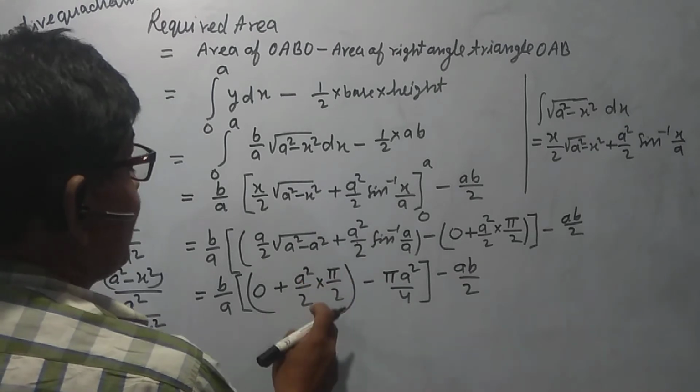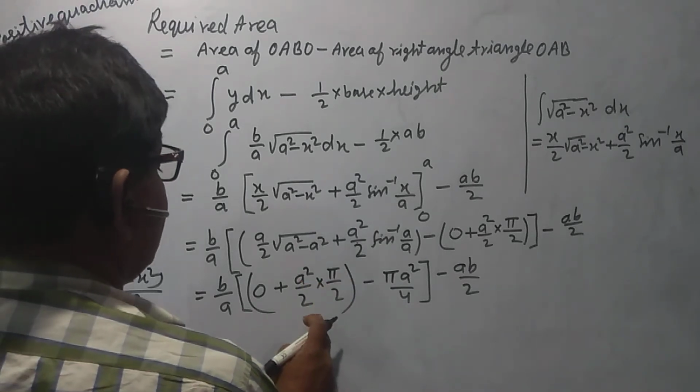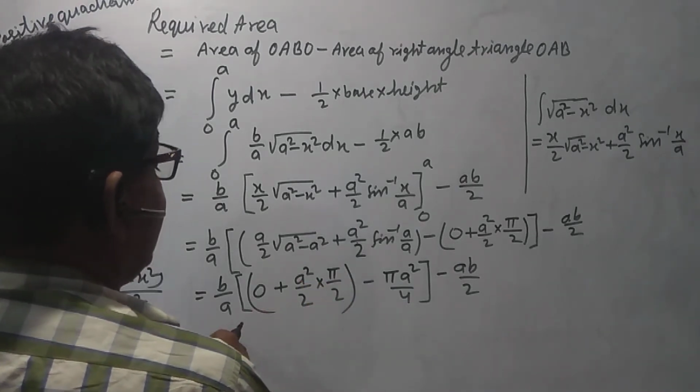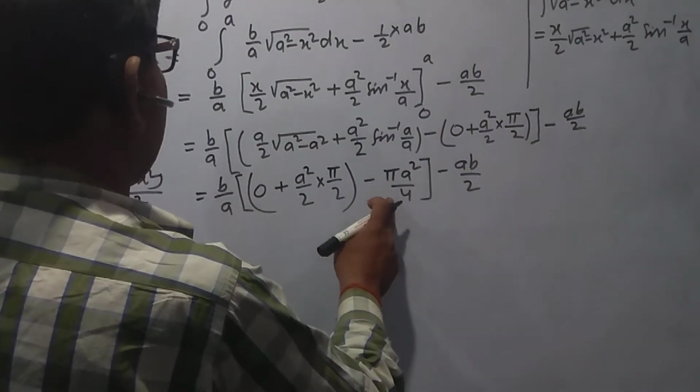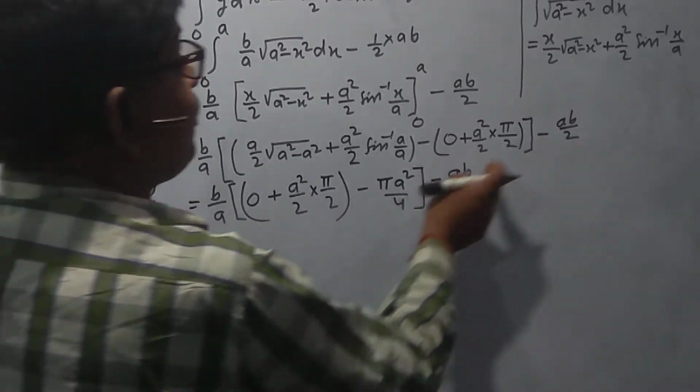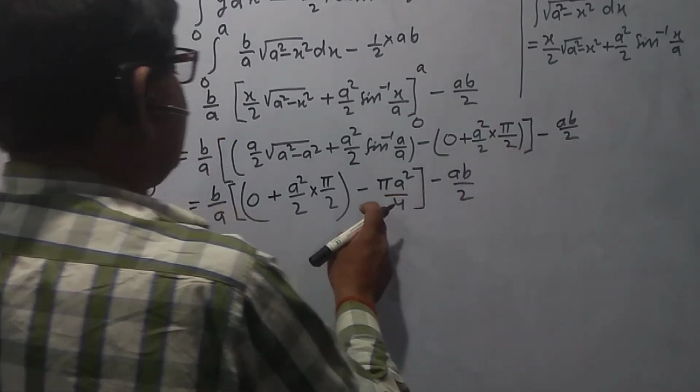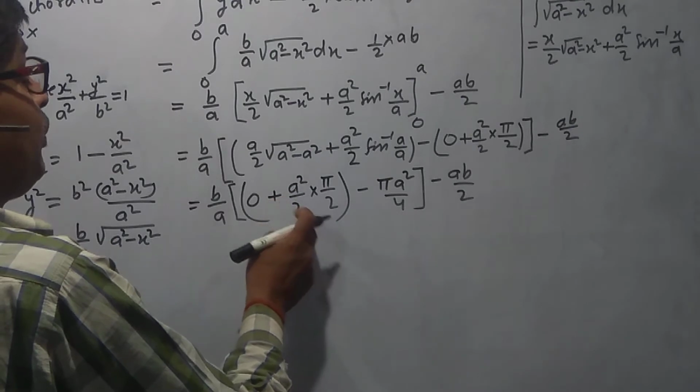Now pi a square by 4, and multiply this, this is pi a square by 4 minus, and this is pi a square by 4.